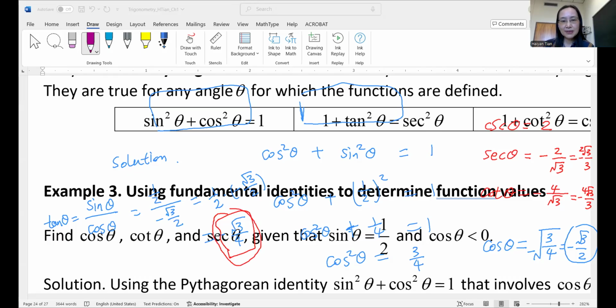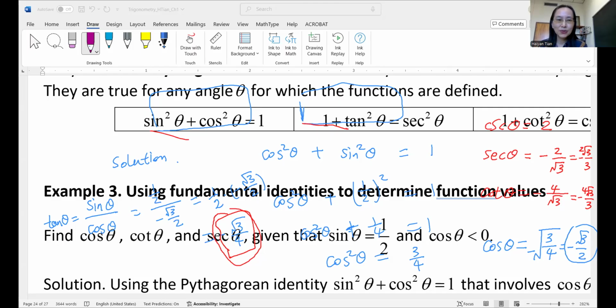And then after we find sine, cosine, tangent, we can simply use reciprocal identities to find the other 3 functions. And of course, that's not the only way you do it, because you can also use quotient identities to calculate cotangent, because cosine over sine will give you cotangent.